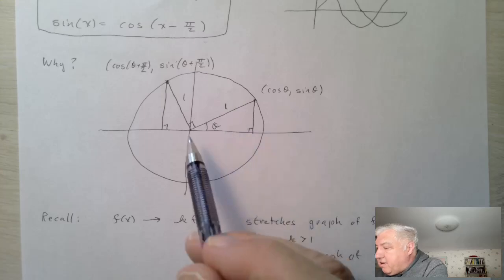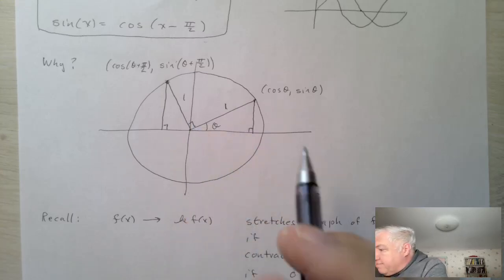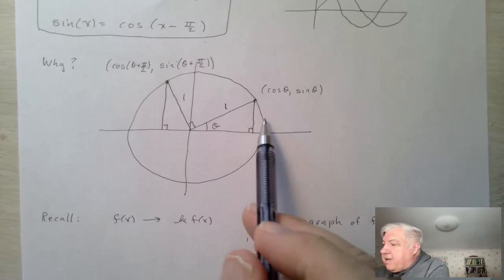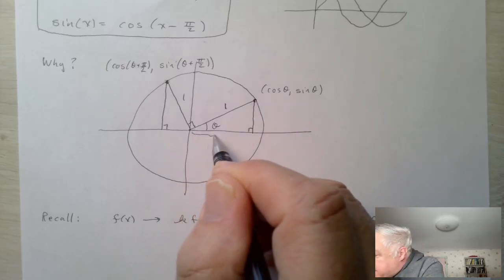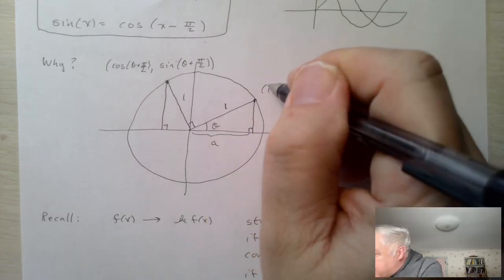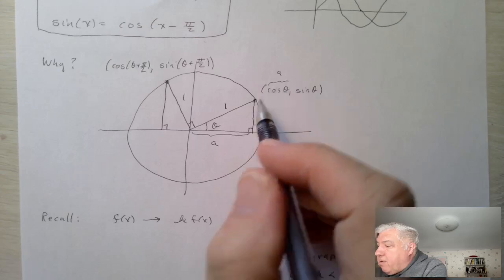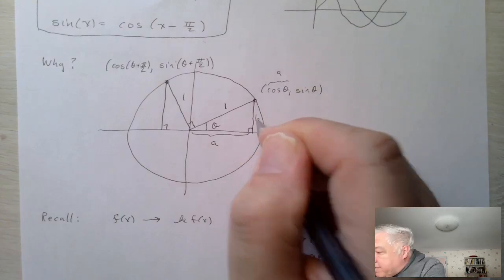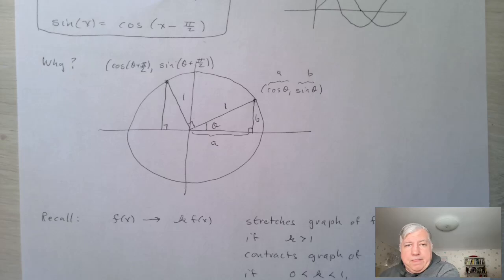We have another one here where this is 90 degrees. And so of course the cosine is the x-coordinate of this point. So if we call this A, then the cosine is A. And the sine is the y-coordinate of this point, so if we call this B, then the sine of theta is B.